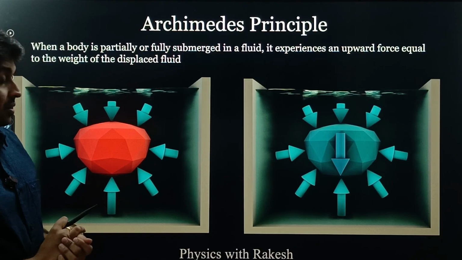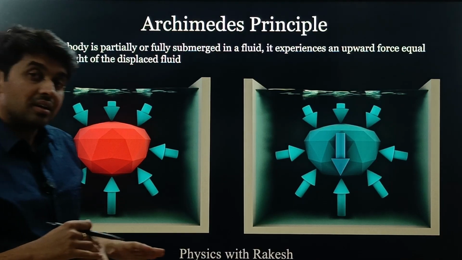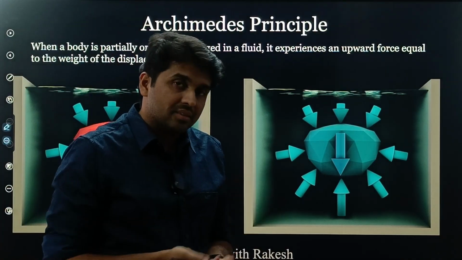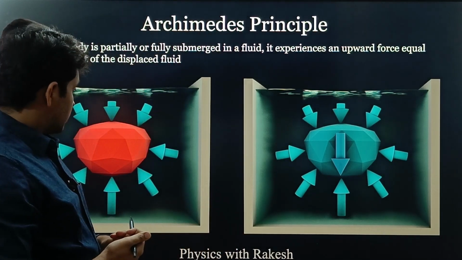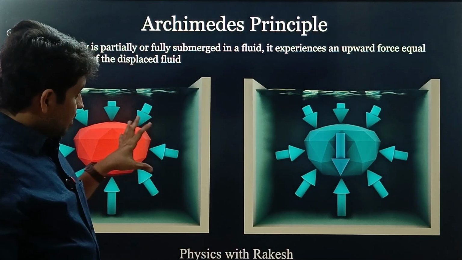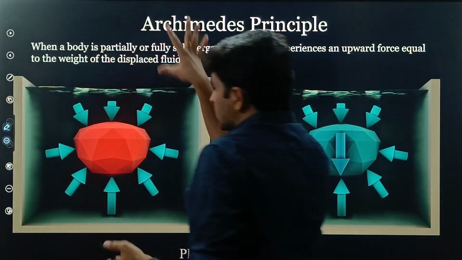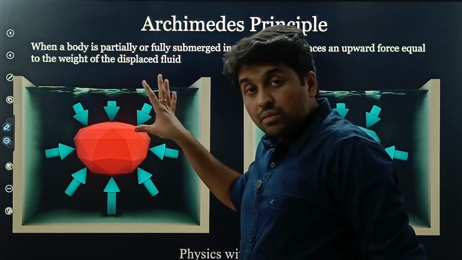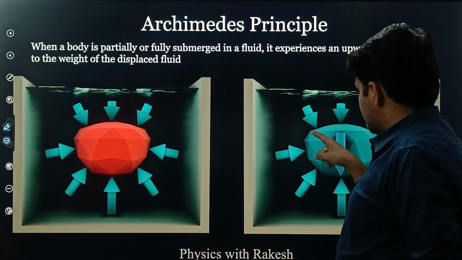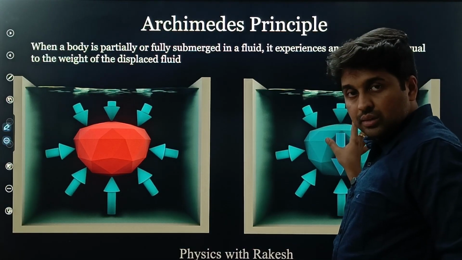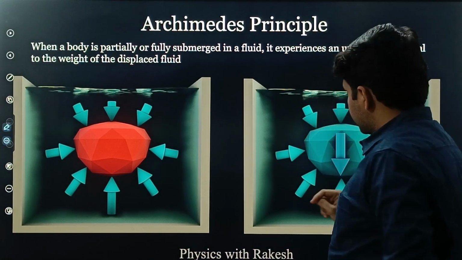Let us understand why this statement is correct. What we will do is remove this body. In place of this body, let us draw one boundary here. There is liquid now, this is not the body, it's just that liquid is there here.